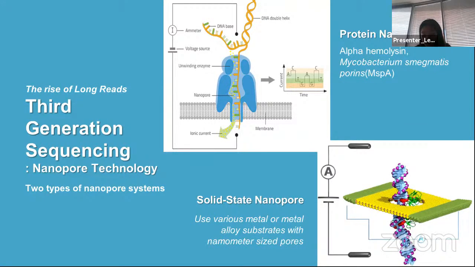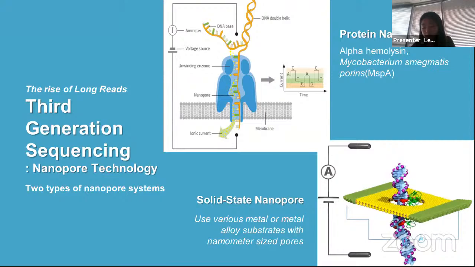Biological nanopore sequencing relies on the use of transmembrane proteins embedded in a lipid membrane to produce the pores. A single protein nanopore is integrated in a lipid bilayer across the top of a microwell equipped with electrodes.